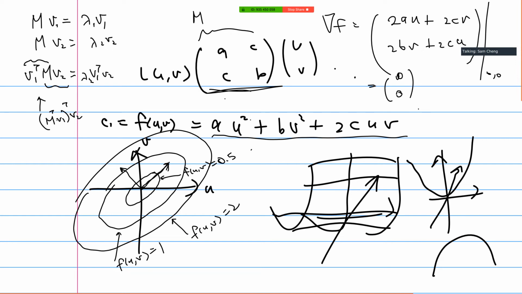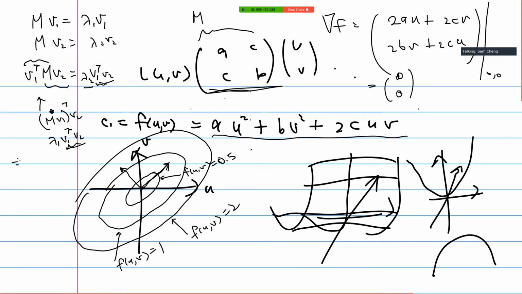But M is symmetric, right? So M transpose is just M itself. M v1 is lambda 1 v1, so we have v1 transpose v2 times lambda 1 equal to v1 transpose v2 times lambda 2. So if lambda 1 and lambda 2 are not the same, then we will have v1 transpose times v2 equal to 0.